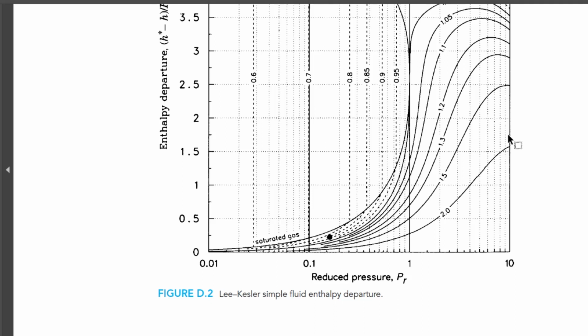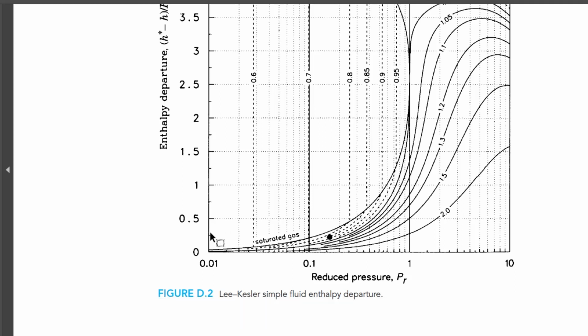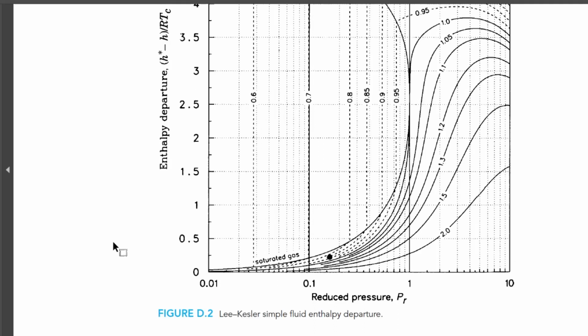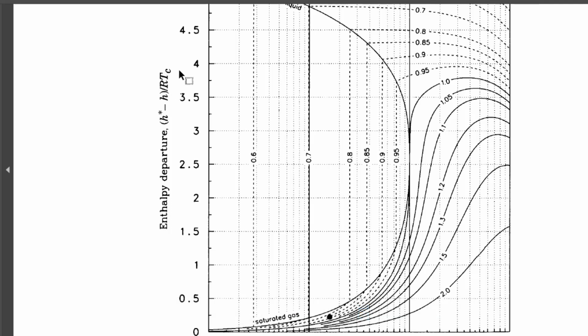In our vertical axis, this is 0.5 and this little tick here is 0.25. Now our point is below 0.25, so let's just call that 0.2. Let us say that our enthalpy departure is 0.2. That value of 0.2 is equal to (H2 asterisk minus H2) over RTc.